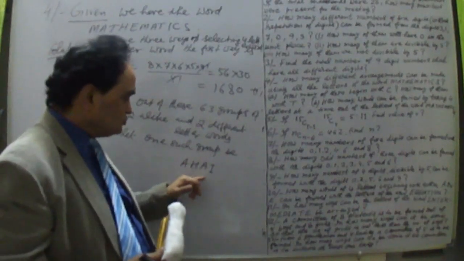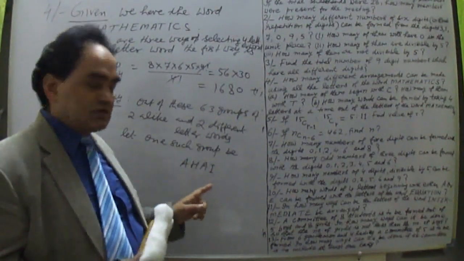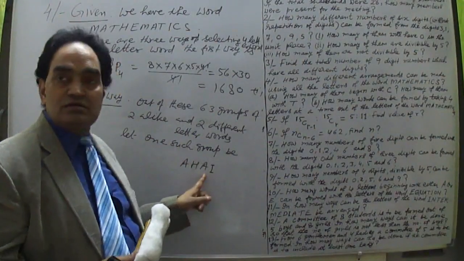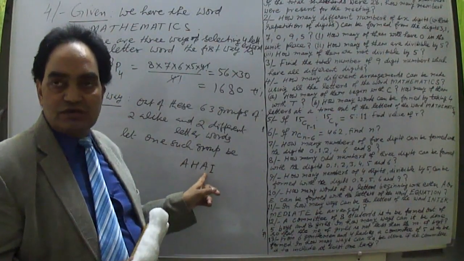So how many of such groups can be selected? But we have here this A and A, right? Two letter words can be selected.